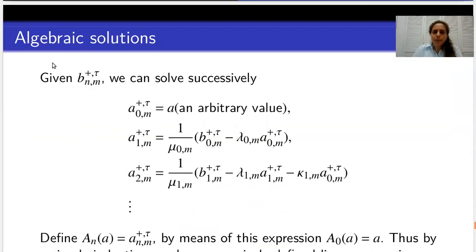Given a coefficient b n m plus tau, we can have these equalities. Let A0 m plus tau be equal to an arbitrary value that I denoted by A, and A1 m plus tau be equal to this expression, and so on.